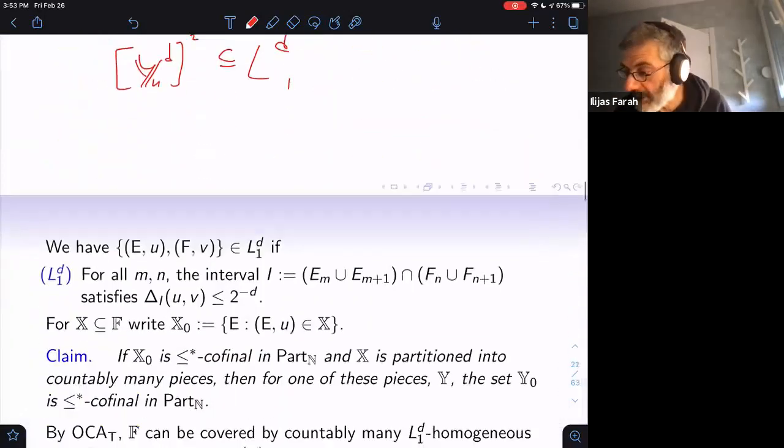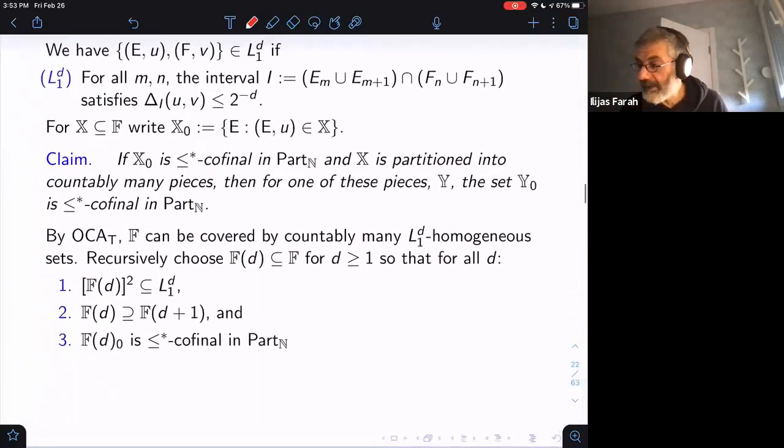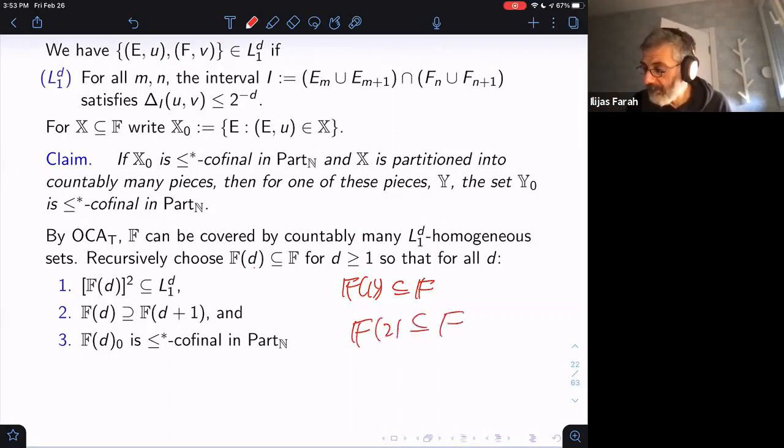What that means is the following. It means that we can choose a sequence of sets. So we choose first F1 subset of F, which is L_1^1 homogeneous. Then we can choose F2 subset of F1, which is L_2^1 homogeneous, which is also cofinal, and so on.